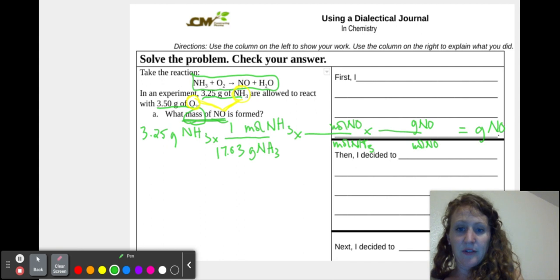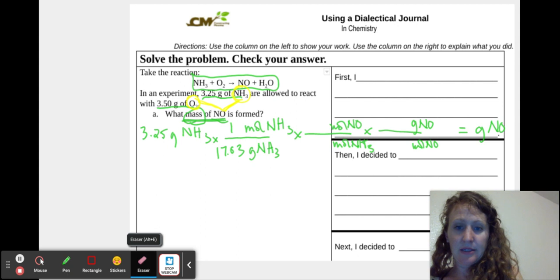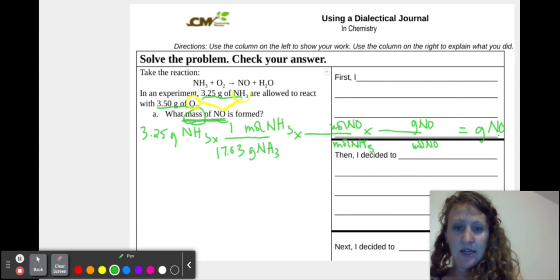So I do have a chemical equation up there, but it's not balanced. So I need to take a minute and balance it. 1 nitrogen, 1 nitrogen. I have 3 hydrogens and 2 hydrogens. So let's see, I'll give that a 3 and that a 2.